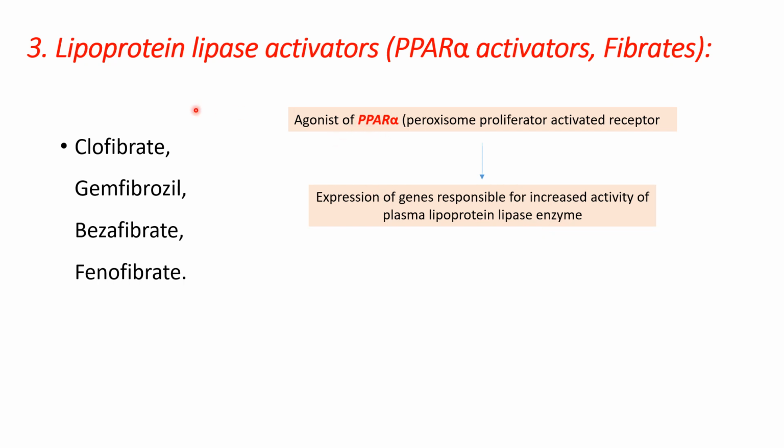So our drug, that is fibrate, is an agonist to PPAR alpha. Due to the increased activity of lipoprotein lipase enzyme, it will do the hydrolysis of VLDL and chylomicron. Hydrolysis of VLDL and chylomicron ultimately leads to decreased serum triglyceride level.